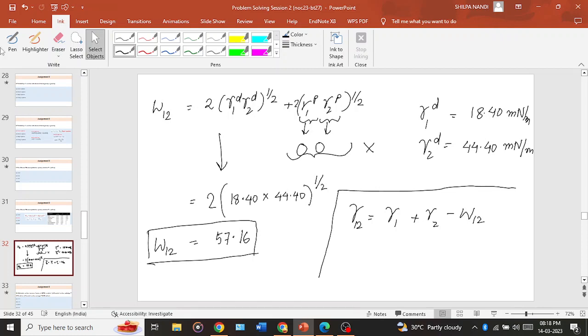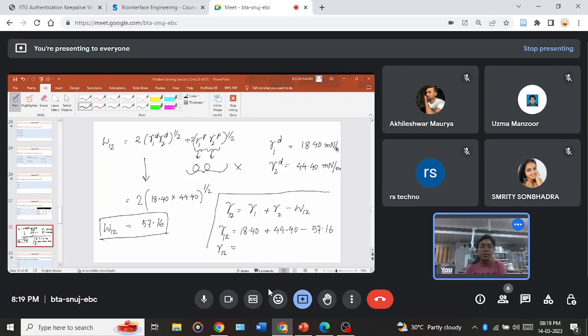So simply we have to put the values for determining the gamma 12, which is 18.40 plus 44.40 minus W12, which came as 57.16.